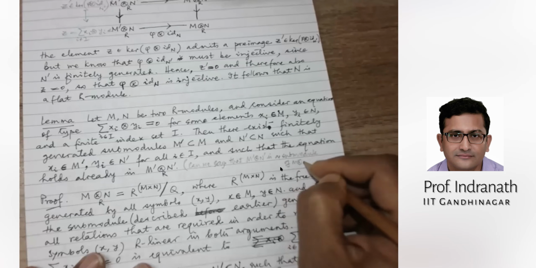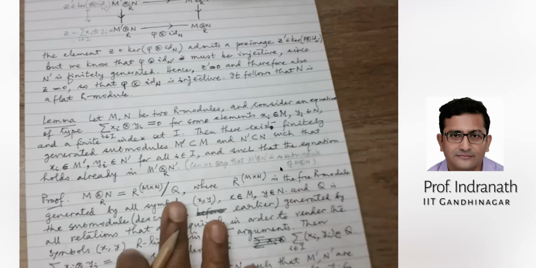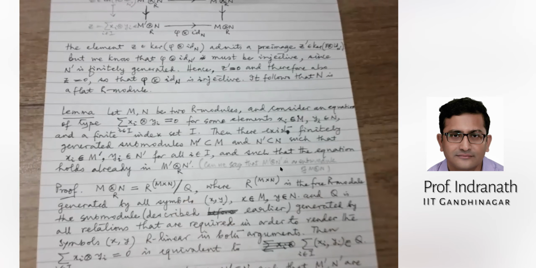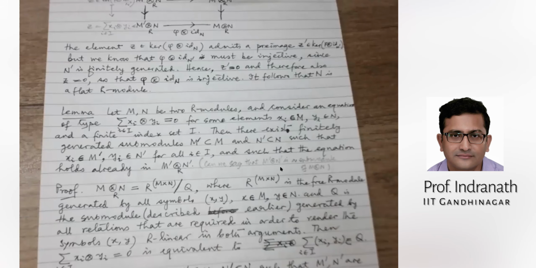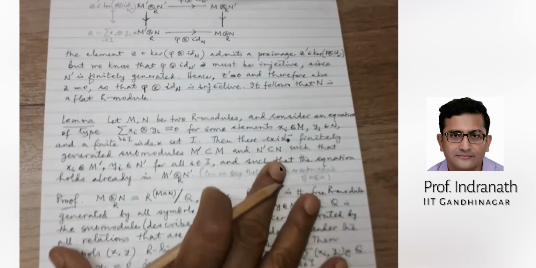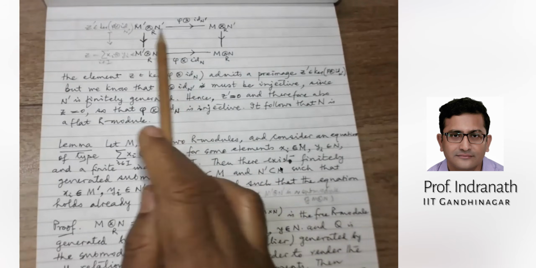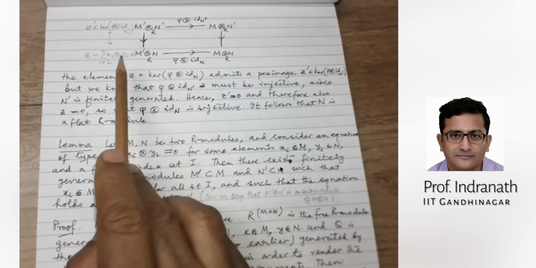Now, this is exactly where the problem lies, because sometimes people just say that we can assume that there is a submodule which contains it, but why that holds is what needs to be settled. Here, all we are saying is that there is a map and we have a pre-image.